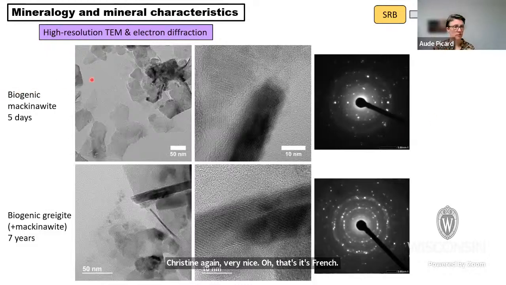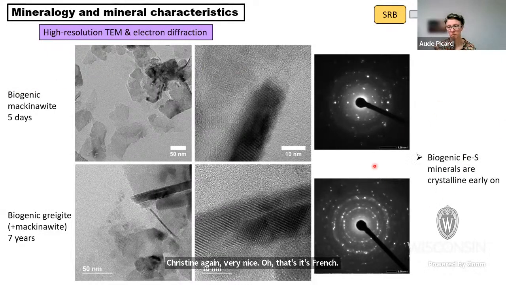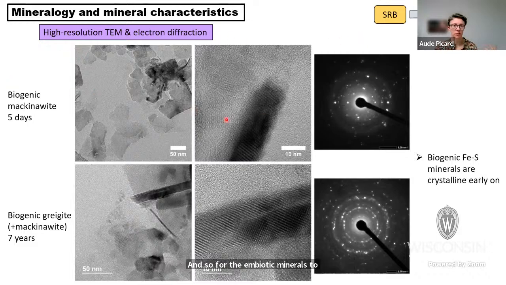I didn't show the result here, but we have the biogenic minerals that become crystalline very quickly. And the abiotic minerals don't even reach that level of crystallinity after a year in abiotic conditions. So we have something that the microbes promote, just making them supercrystalline very quickly.